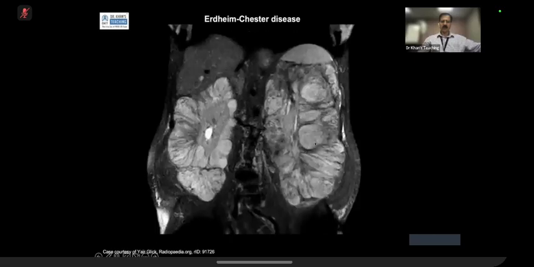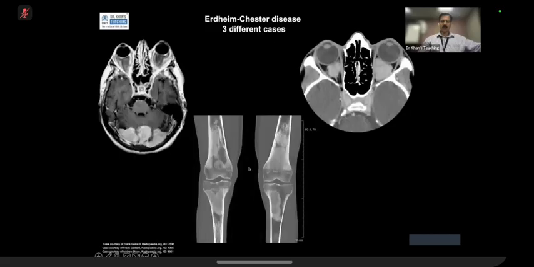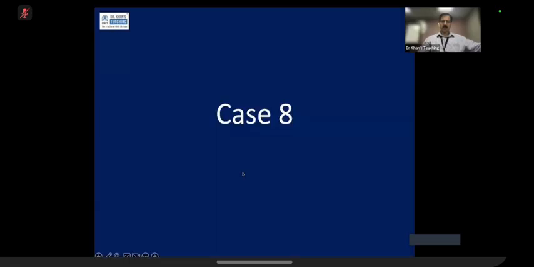And here you are, on MR you see this is the kidney and how it looks. Quite a unique appearance. These are three different cases from Radiopaedia, enhancing intraconal lesions. This is what happens in the bones, particularly long bones, metadiaphyseal sclerosis. This is meningeal enhancement in the brain.